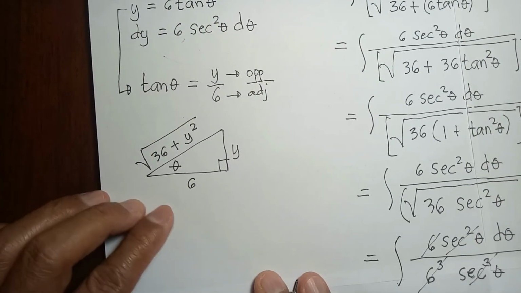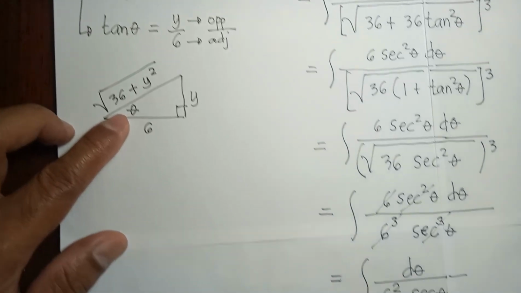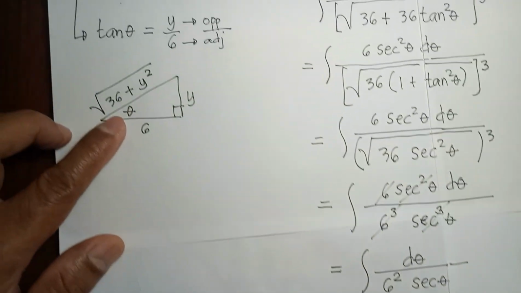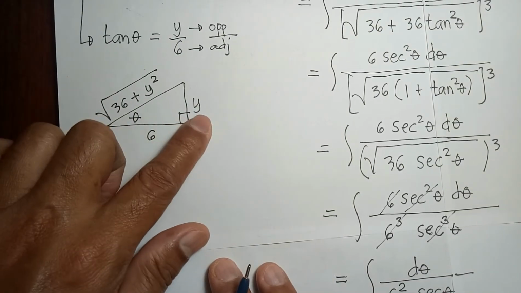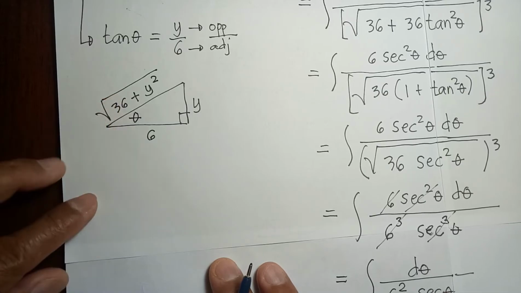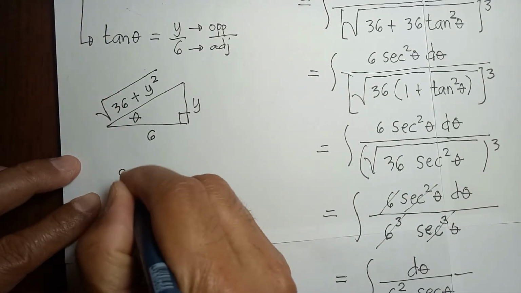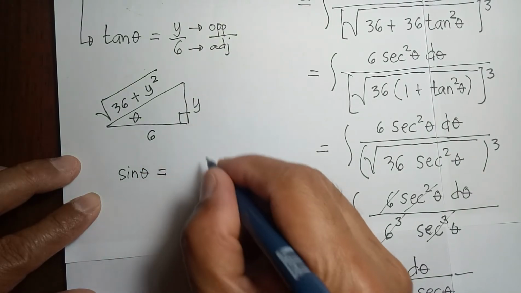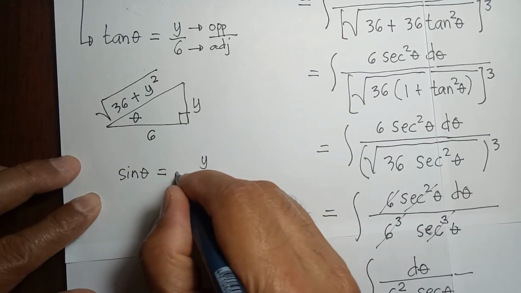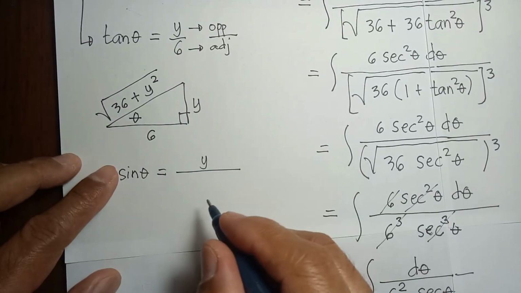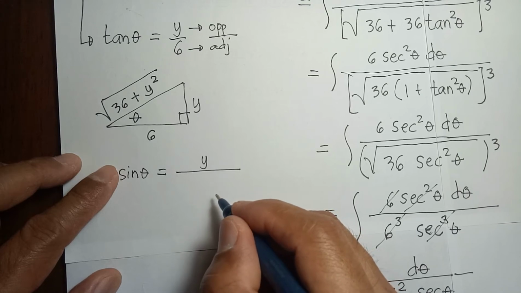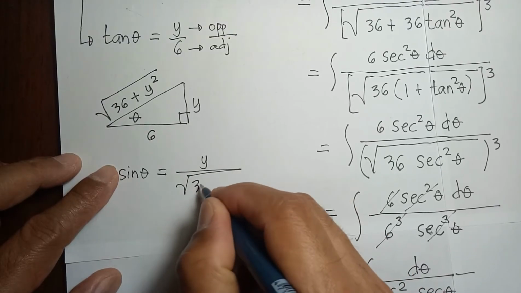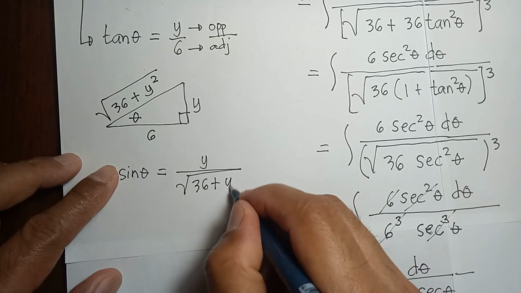Okay. So, from here, dito natin ngayon kukunin yung equivalent ng sin theta. And by definition, sin is opposite divided by the hypotenuse. So, sin theta, using this right triangle, equals the opposite side, so that's y, divided by the hypotenuse, which is equal to square root of 36 plus y squared.